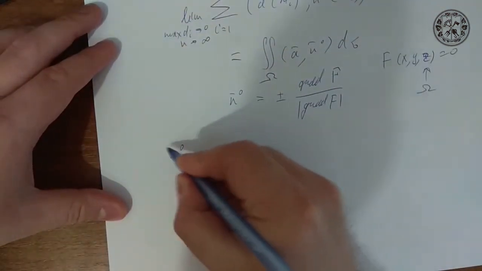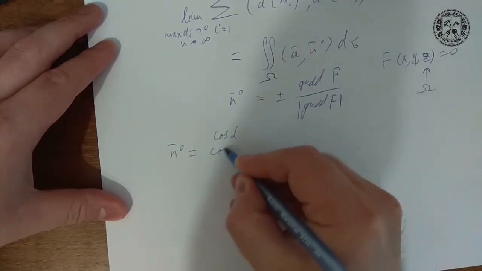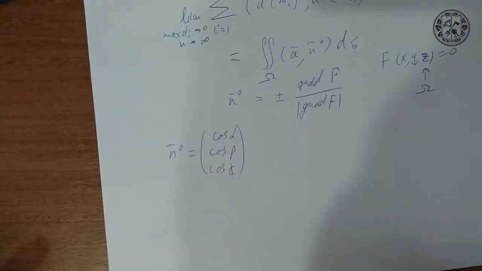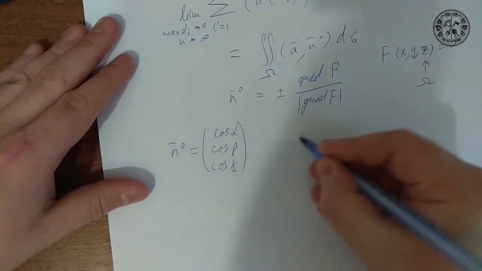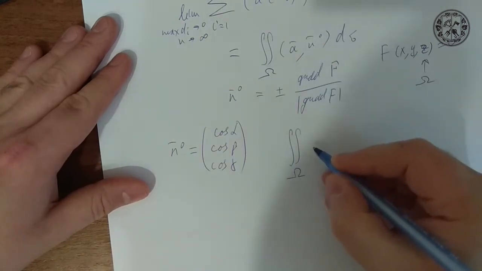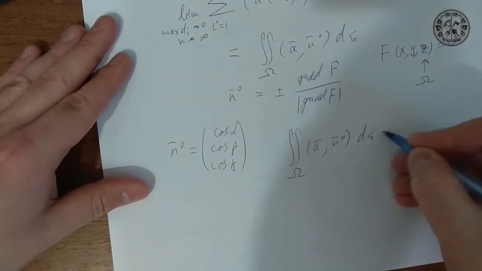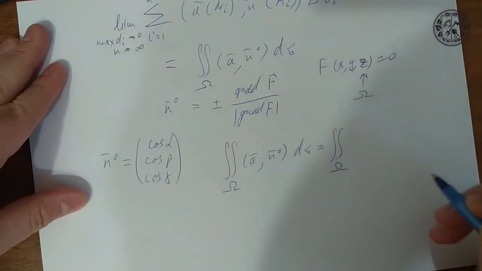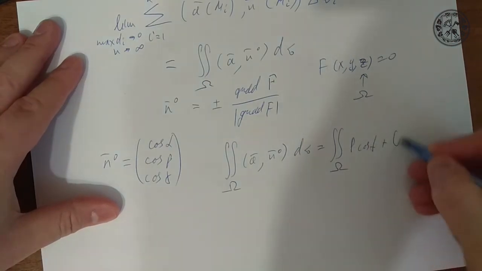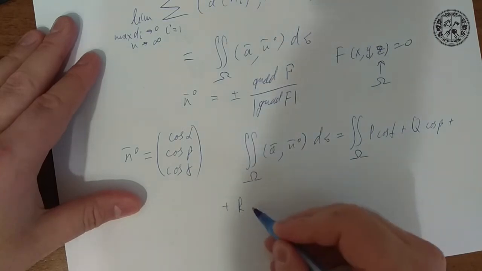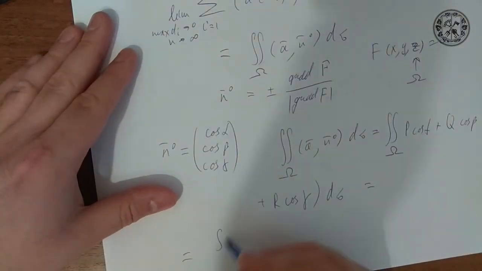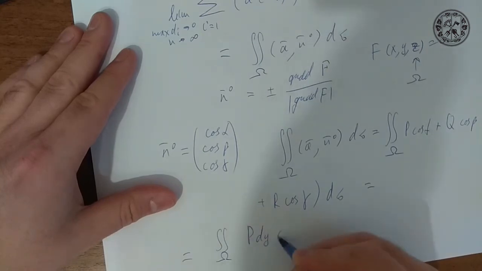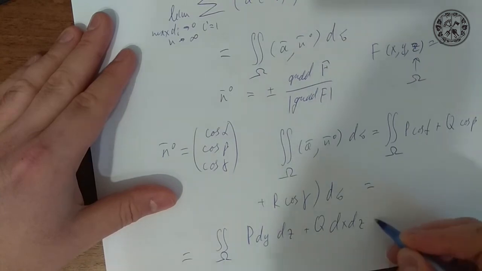Taking into account that n0 can be represented as cosine alpha, cosine beta, cosine gamma, or cosines of the angles that this vector forms with the coordinate axes, then we can transform the integral over omega of second kind A n0 d sigma as a double integral, a surface integral of second kind, P cosine alpha plus Q cosine beta plus R cosine gamma d sigma, or, which will be the same, P dy dz plus Q dx dz plus R dx dy.